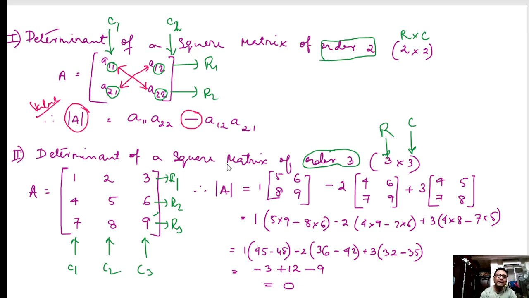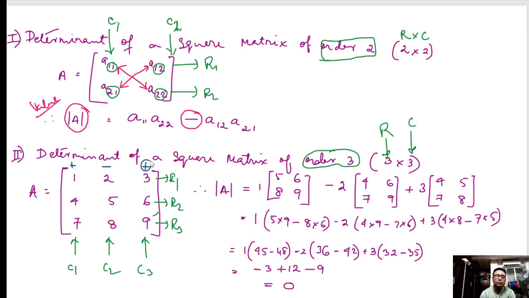Similarly, if you have to find the value of the determinant of order 3 by 3, let's see how to find it. First of all, you have to put the following signs here, that is a plus, minus, and a plus.